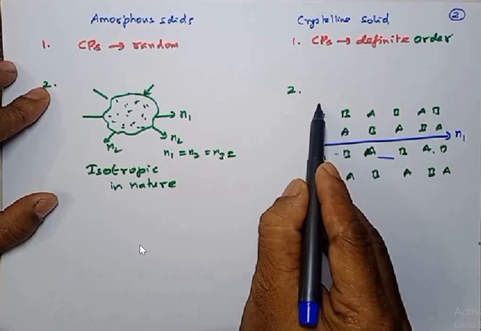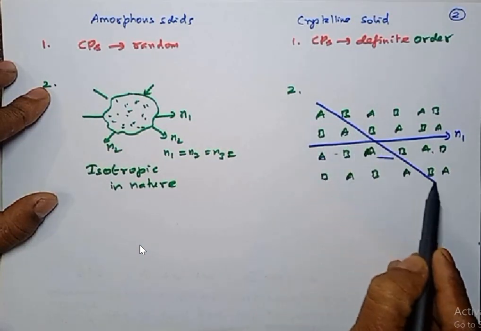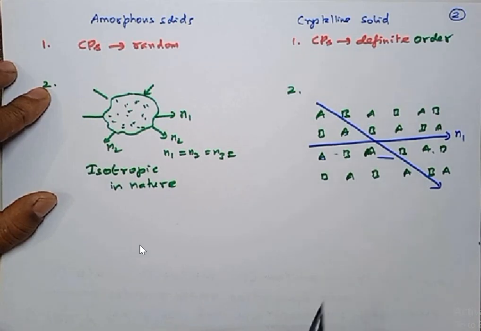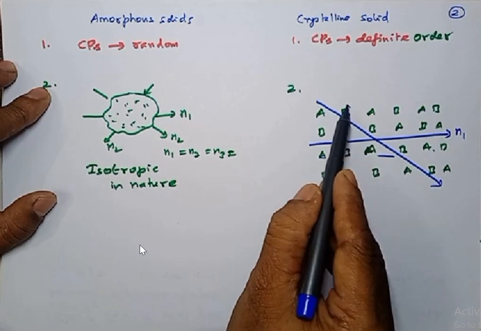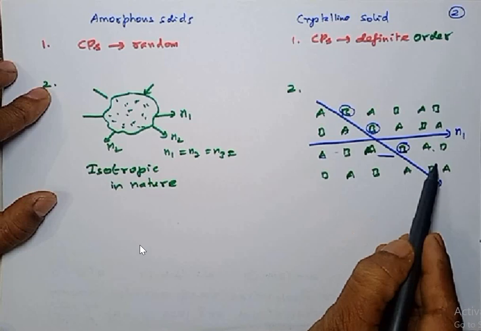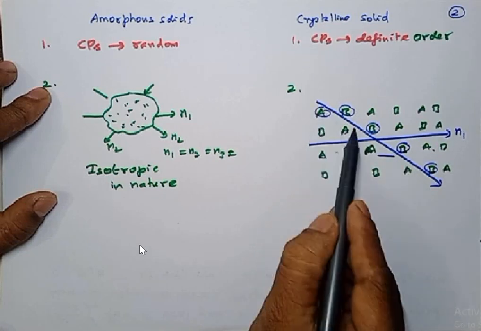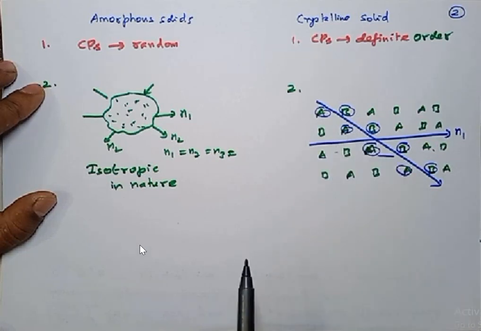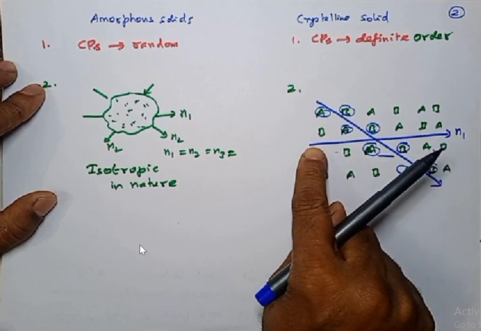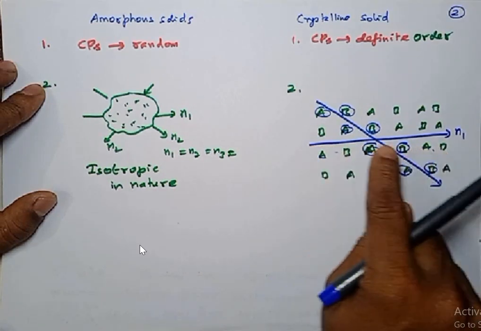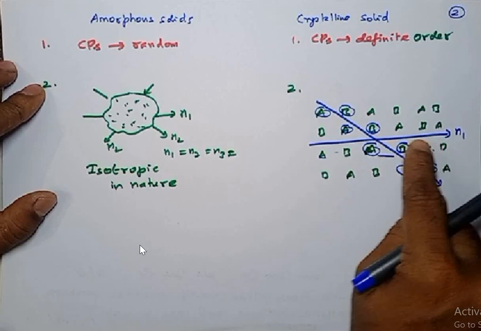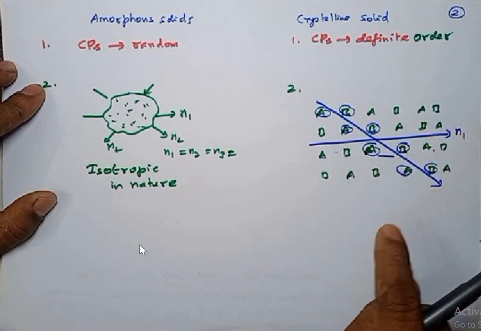Now I'll take another radiation that passes in this direction. For this radiation, these particles are just B, B, B, B, and on the other side we have only A, A, A, A. See the difference. In this direction, the arrangement of particles is A, B, A, B, like that.